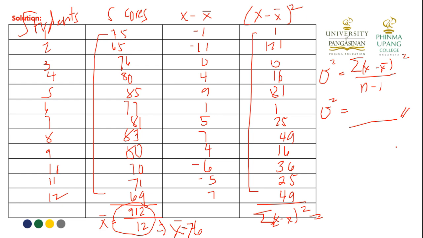Solve nyo. Sir, 420 po. This is 420 divided by 11. N minus 1 ha, so 11 yan kasi 12 yung N natin. So what is the variance?